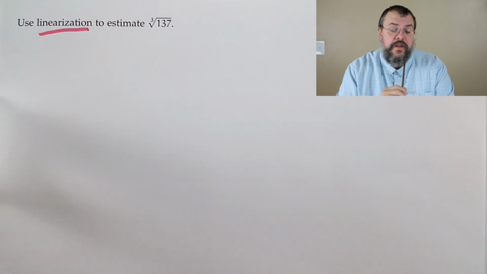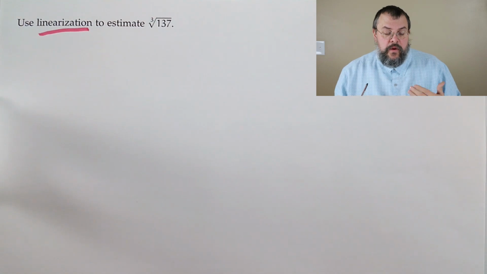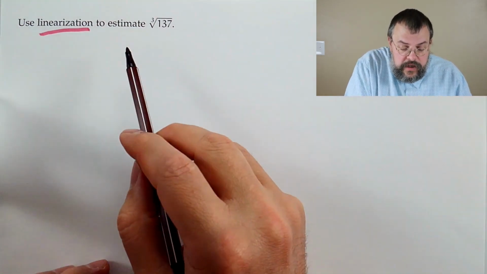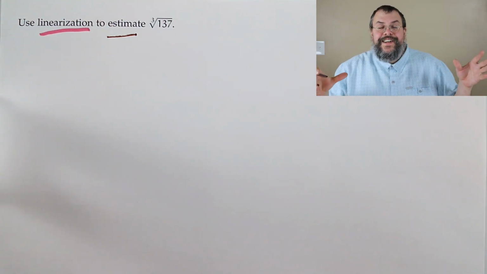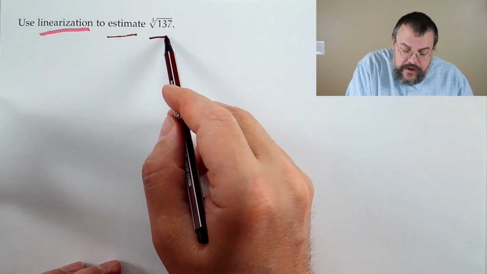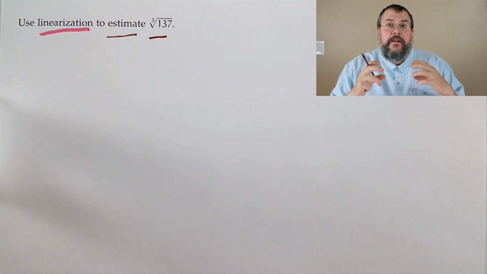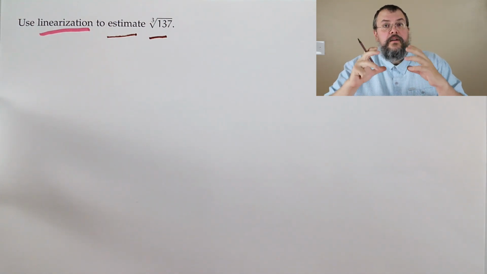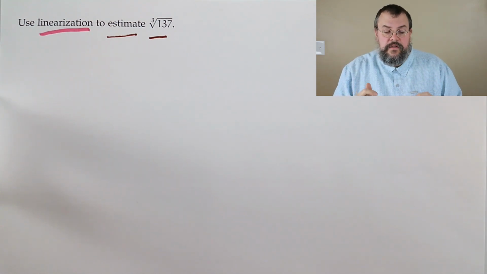So we have to start thinking about how we would figure out what to do. We know our goal is an estimate, which really just means we're going to find some tangent line and figure out where 137 fits on that tangent line, to get the cube root of 137. So what is the cube root of 137? Well, you can even hear it when you say it out loud. The cube root of, see, that says we're doing something to 137.